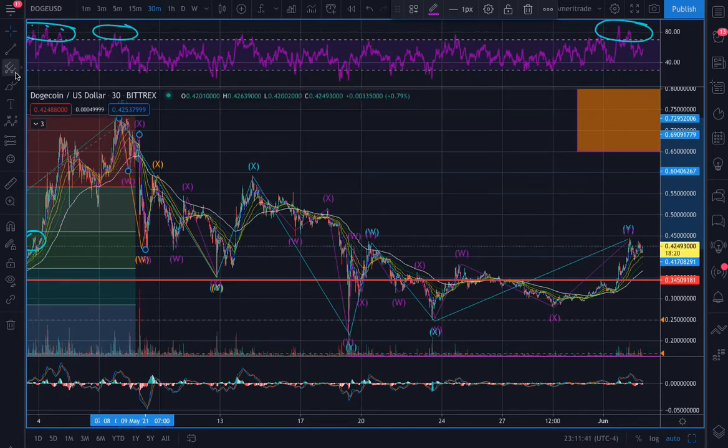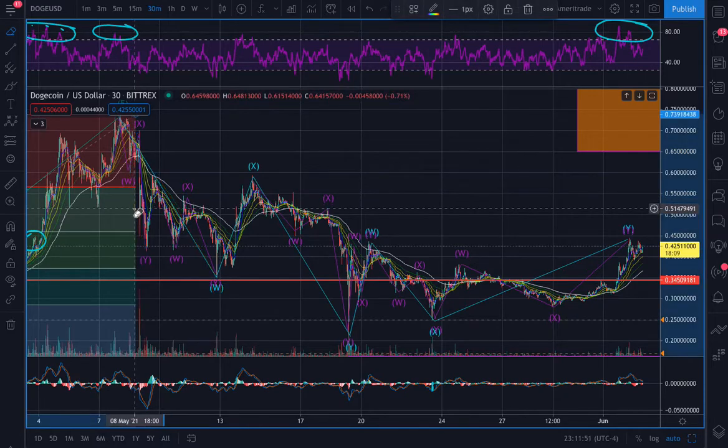The impulsive waves are not so difficult because, yeah, they can vary, but they're often just an impulsive 5 waves up. But they can have extensions and truncations. All right, so that's pretty much what I see right here. What do you think? Let me know in the comments.